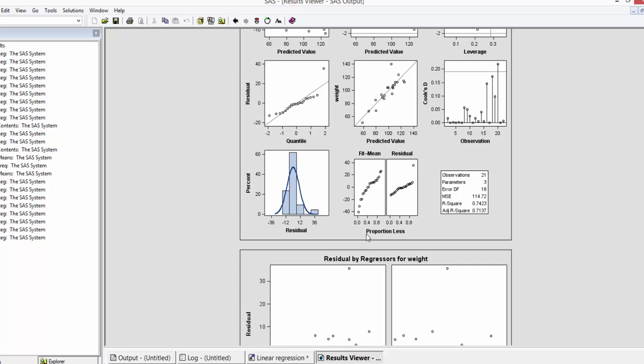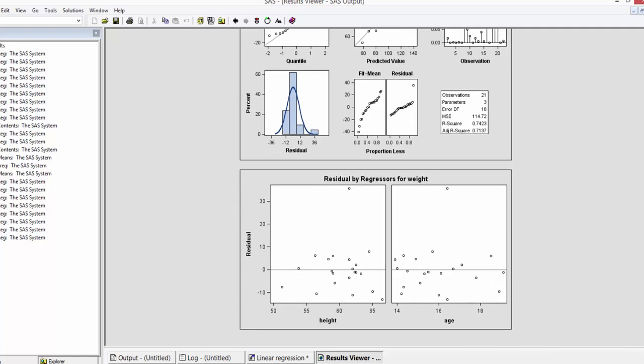And you can see the residual is somewhat normally distributed. If you remove this outlier, I'm sure it will be even closer to a normal distribution. That will be very good then.